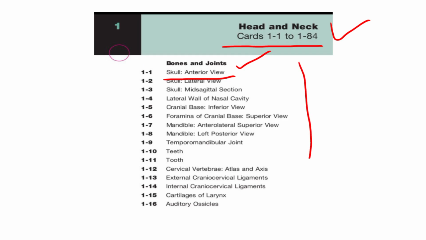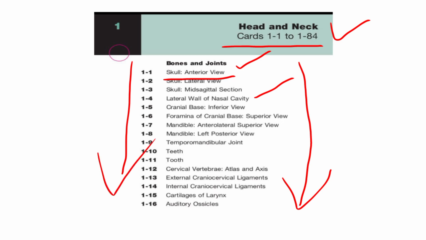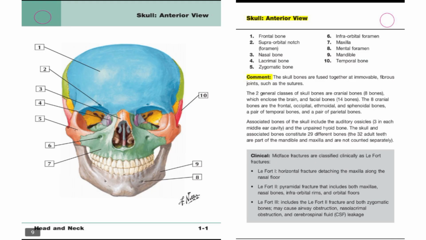Then we go further in this series in detail, step by step: skull lateral view, mid-sagittal section, lateral wall of the nasal cavity, inferior view, and all these things we will discuss in detail. So this is our first lecture. We will discuss this page in today's lecture, just the skull anterior view.